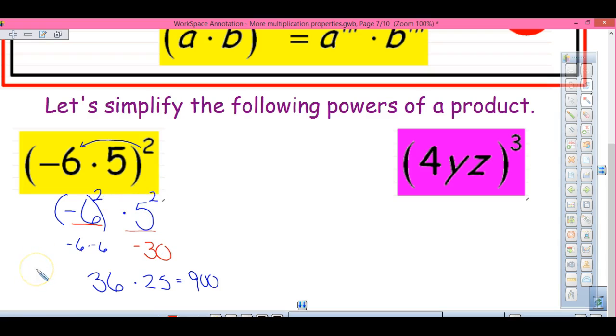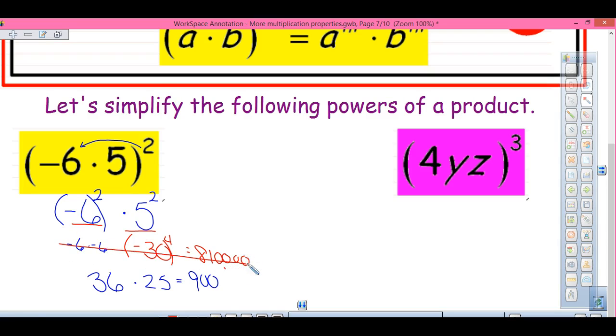Add our exponents, 4. Put that in parentheses, negative 30 to the 4th power. $8,100. Interesting. I'll have to look into that.